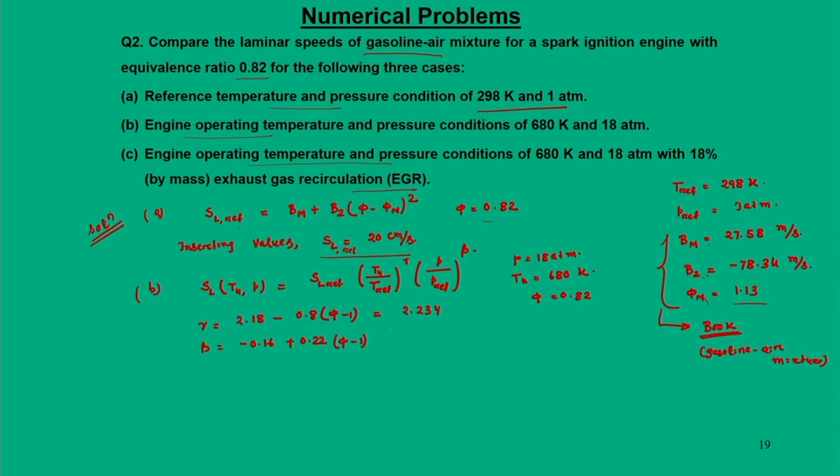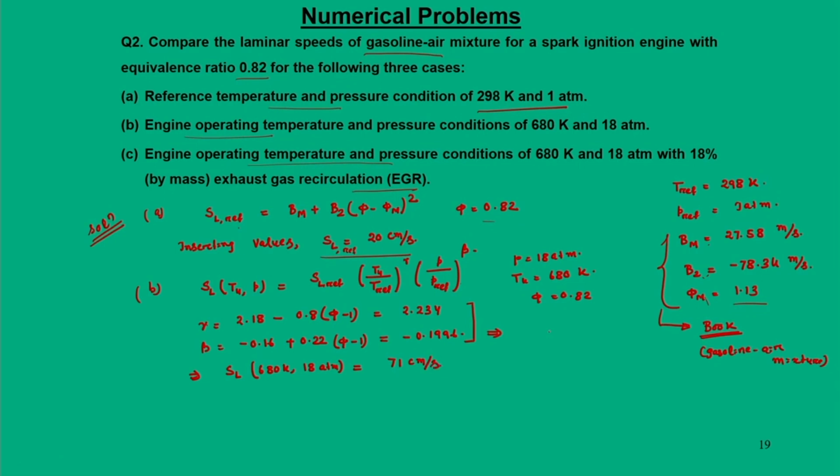So, by inserting these values, beta, gamma, P, P reference, T reference, all are known. So, this will give you SL at 680 Kelvin, 18 atmosphere, which is 71 centimeter per second.